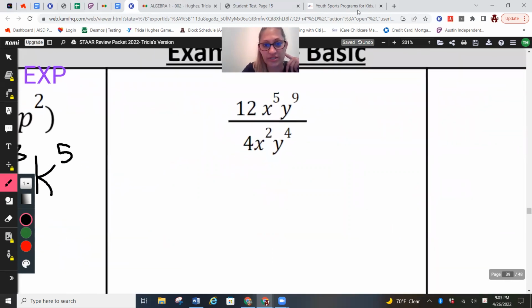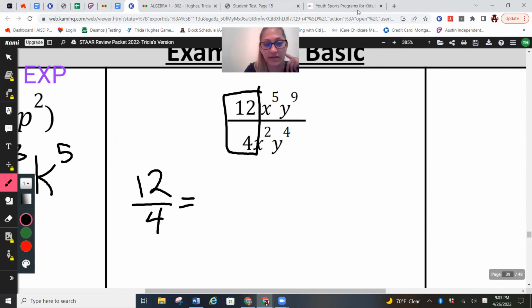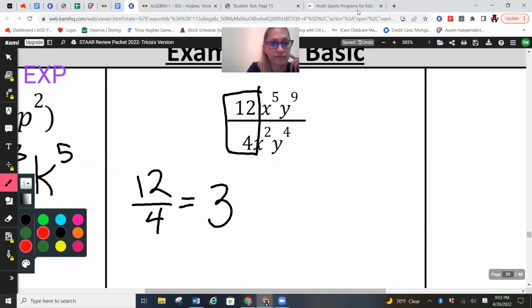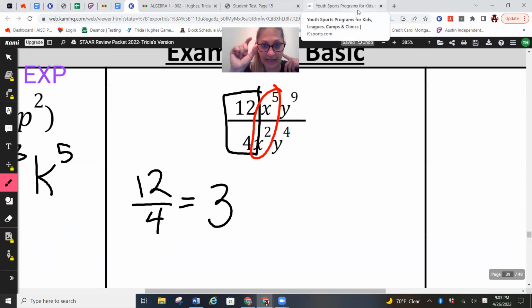Okay, so let's take a look at our basic example. These would be considered the big numbers. What is 12 divided by 4? Yes, 3. Now, these are x's. Those are like bases.